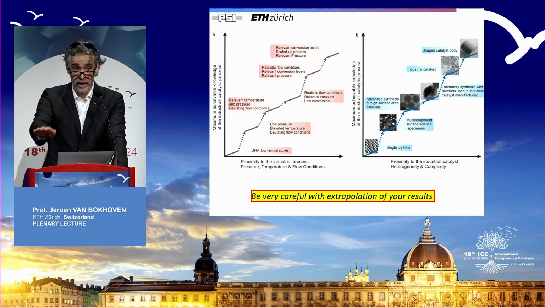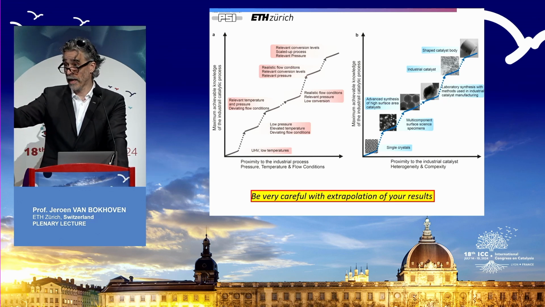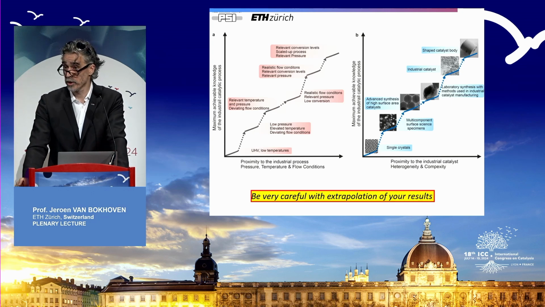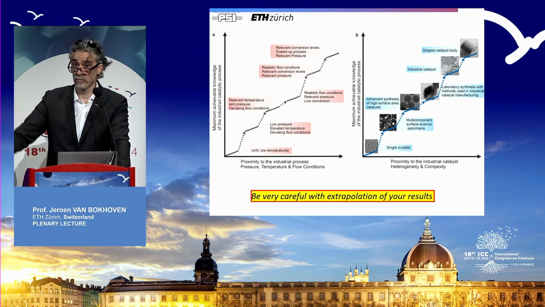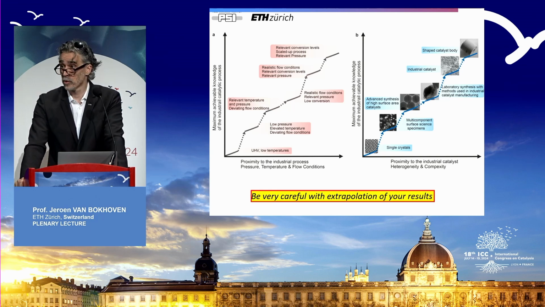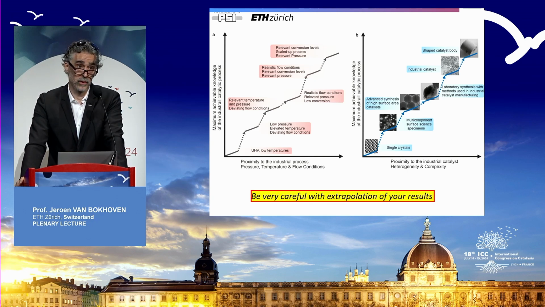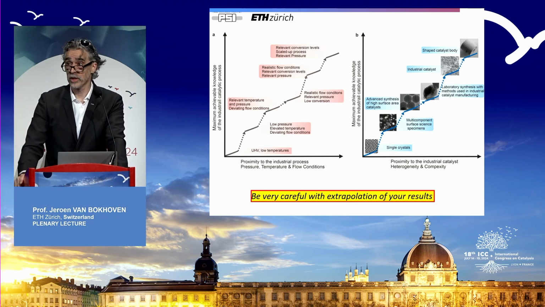If you have a metal only, and if you start adding components that mimic a support, you have a step function in the understanding that you can achieve. It's not a continuum. And why are we stressing this so much? That is because you should be careful how you extrapolate your results. I think you should not extrapolate beyond the discontinuities in the knowledge that we can get.